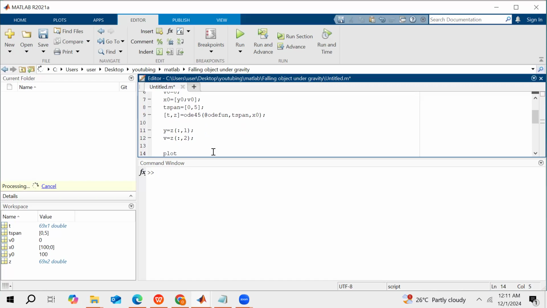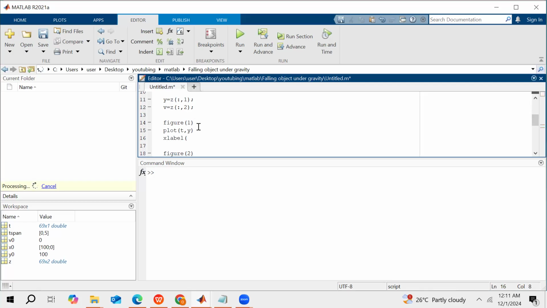So I'm going to plot it for us to see how the graph looks like. So that's position. So let me plot it into figure. Figure 1 is for position plots. Figure 2 is for velocity plots. Okay, so let me just put some labels.